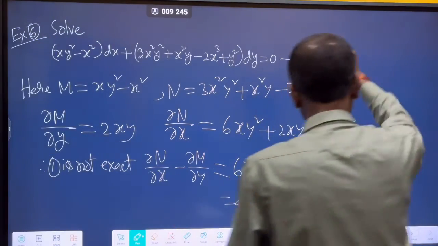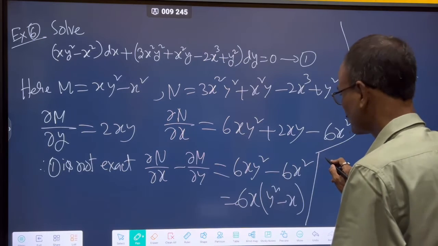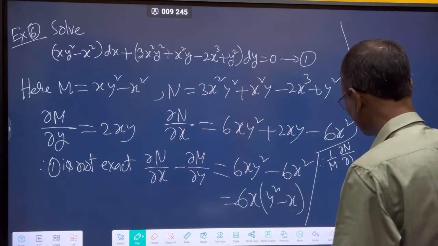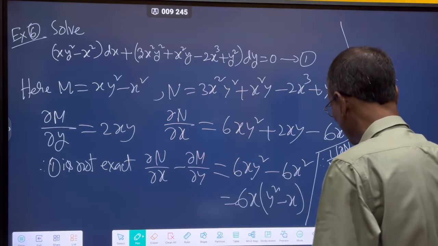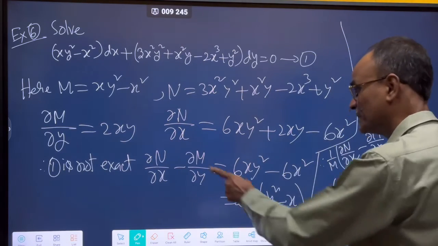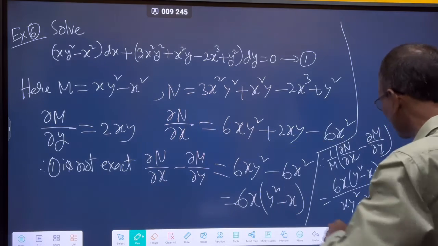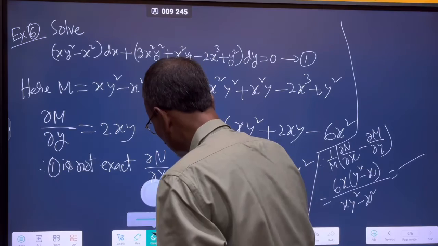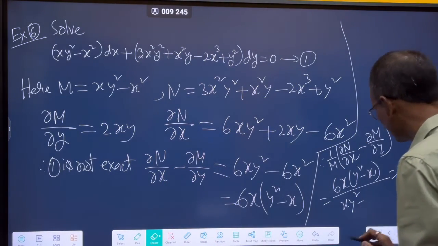Therefore, 1 by M (del N by del x minus del M by del y) equal to 6x (y square minus x) divided by x y square minus x square.